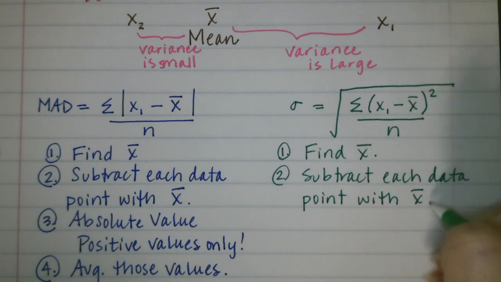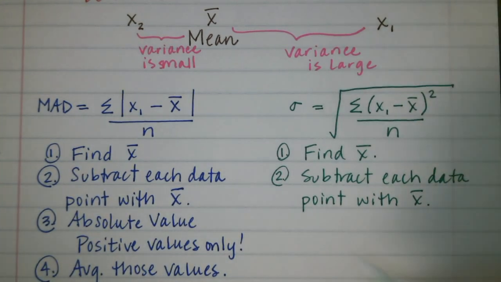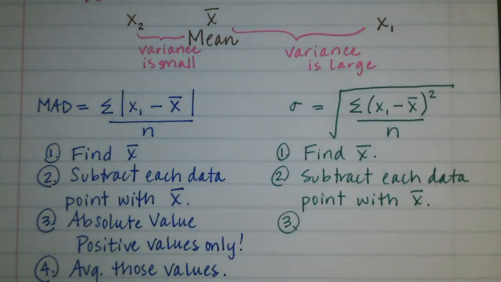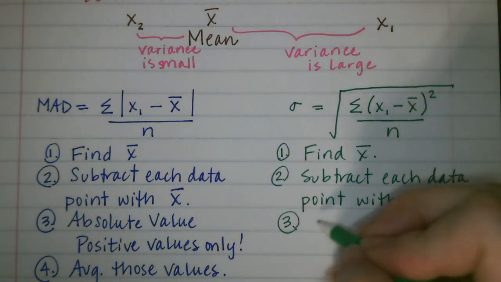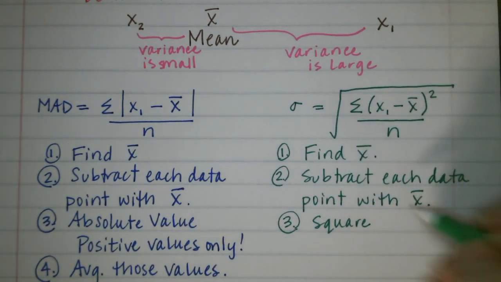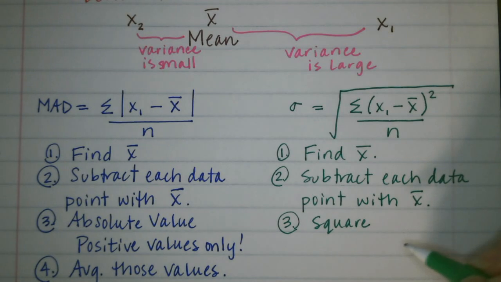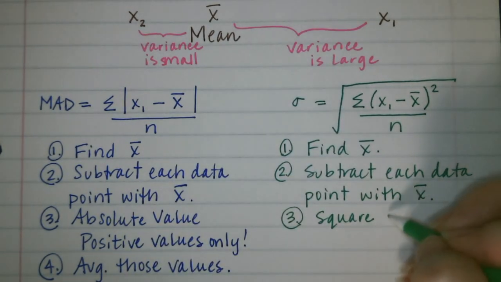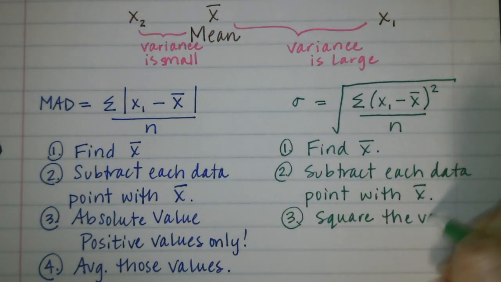And again, since our next step is to square that rather than take the absolute value of it, we're going to square those values. It doesn't matter if it's positive or negative. So in the end, we're only dealing with positive numbers. Same thing as over here. So square the values.